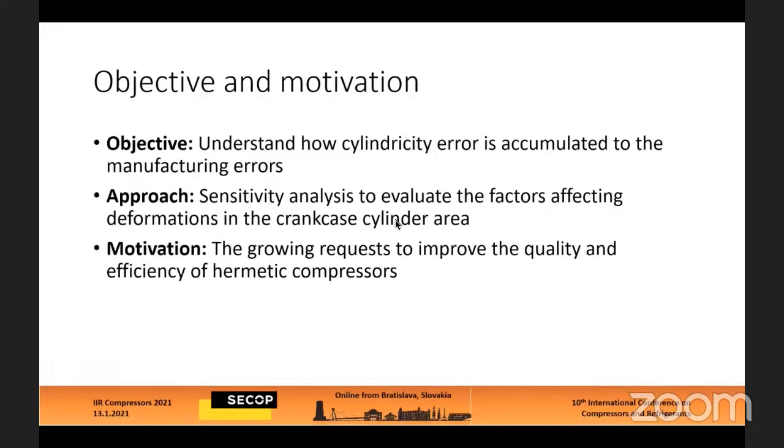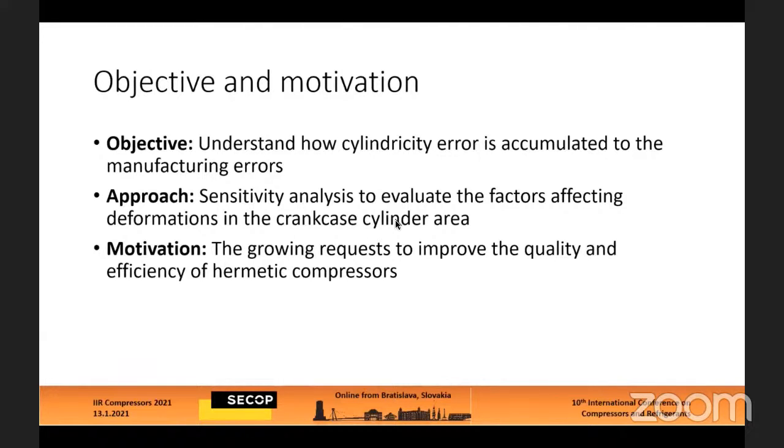And the approach we decided to use here is a sensitivity analysis to evaluate how those factors are affecting the deformation, what are the most relevant factors, what we can focus the studies on if we need to reduce a specific amount, and what is the main contributor.